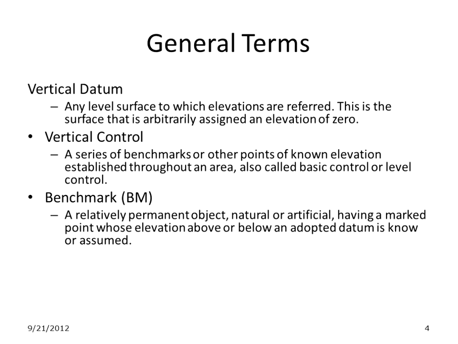Vertical control is a series of these marks or other points of known elevation that have been established within a basic area, also called basic control or level control. So basically, very often if you're working on, for example, a construction site, you may have to go through that construction site several times to lay grade, to check building heights, curbs, gutters, to lay all of these items out and then verify that they're in the correct location, both horizontally and vertically.